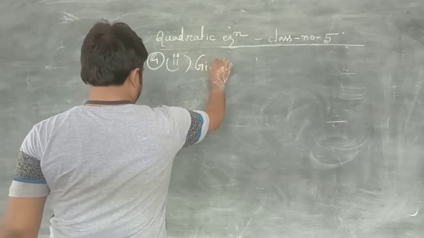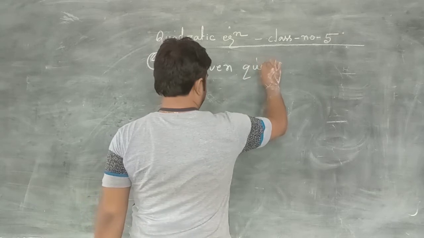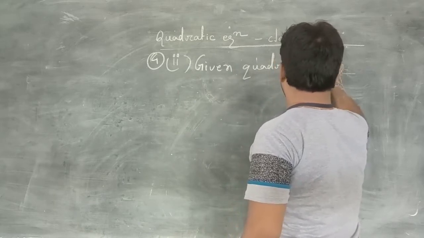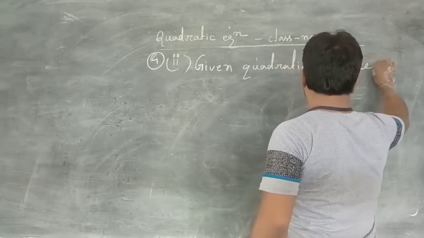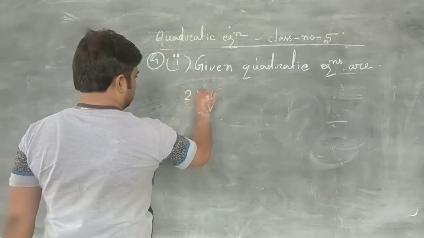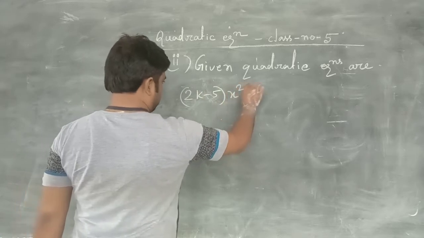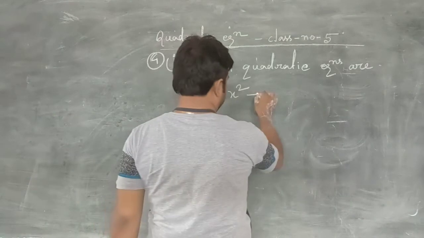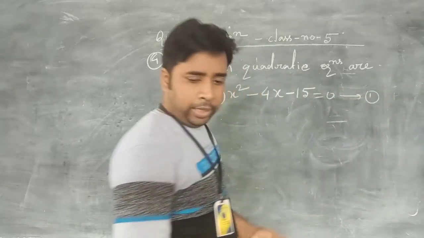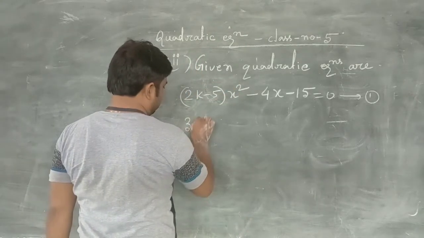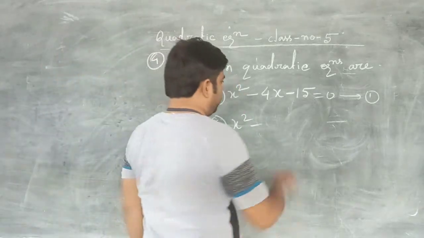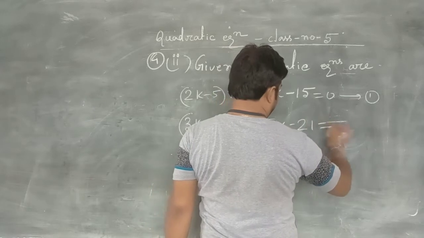Given quadratic equations are: one is (2k minus 5) x square minus 4x minus 15 equal to 0; next, (3k minus 8) x square minus 5x minus 21 equal to 0.